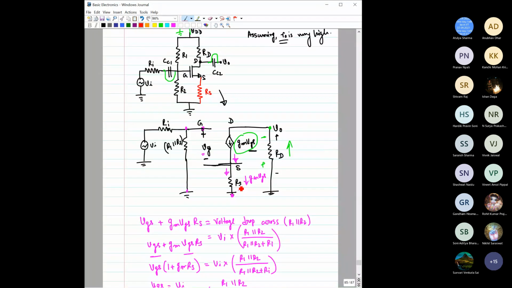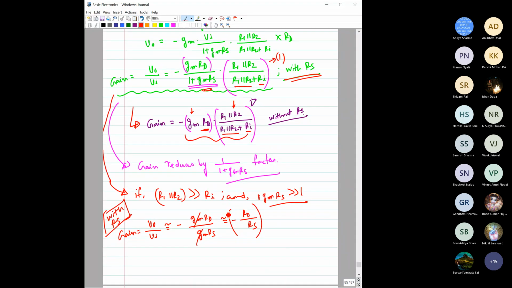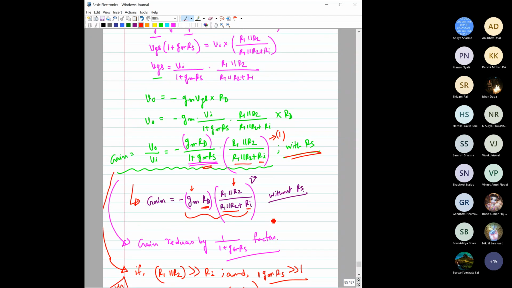The same thing you can also see from here, that the gain for this MOSFET in this configuration can be approximated to minus RD by RS. And compared to the biasing where this RS was not there, if RS is there, there is a drastic reduction in the small signal gain.